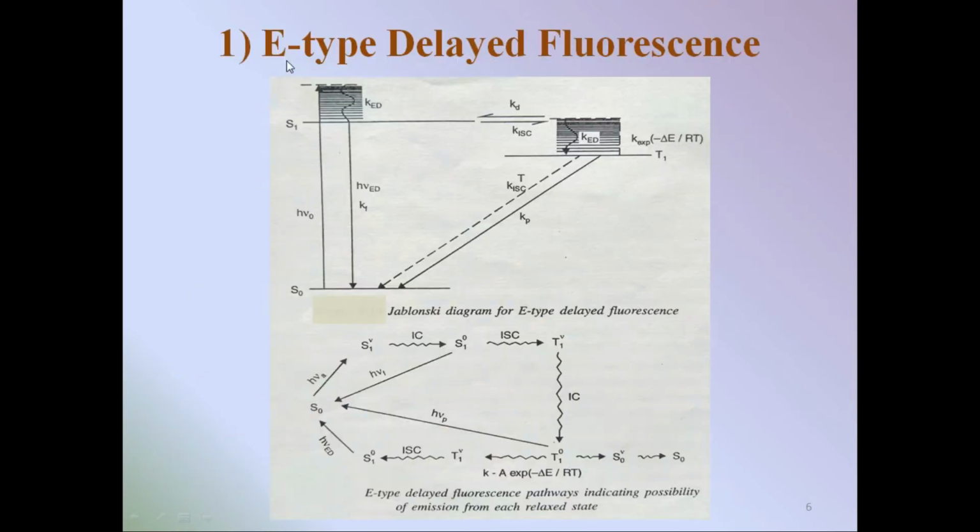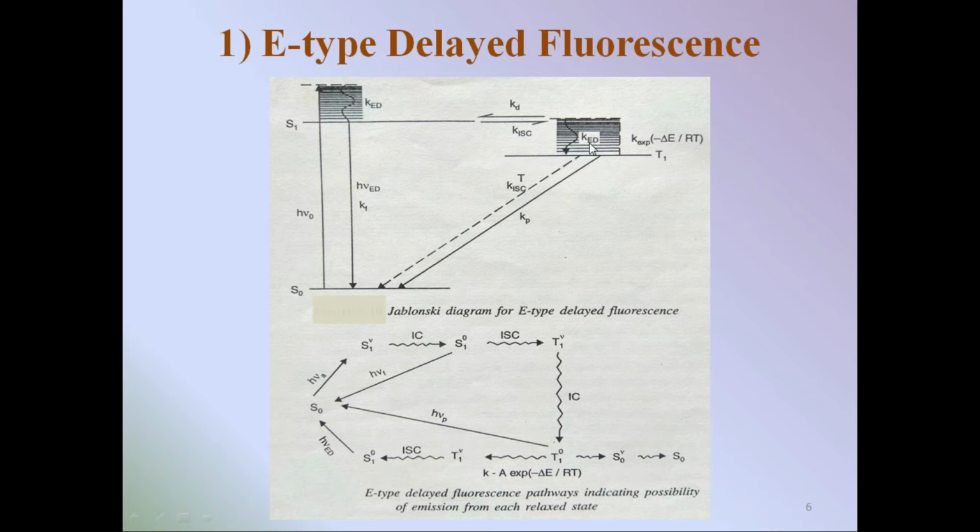The first one is E-type delayed fluorescence. As you can see in this diagram, E-type delayed fluorescence is seen especially in molecules like dyes, in which the energy gap between the excited singlet and excited triplet, that is delta EST, is fairly small.